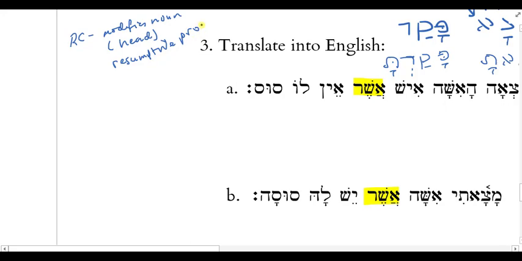Sometimes the resumptive pronoun isn't there, but the resumptive pronoun is a pronoun that refers back to the head. It'll be the same gender and number as the head. So same as head. And it will be inside the relative clause. And we have a couple of examples of that here in our example, okay?